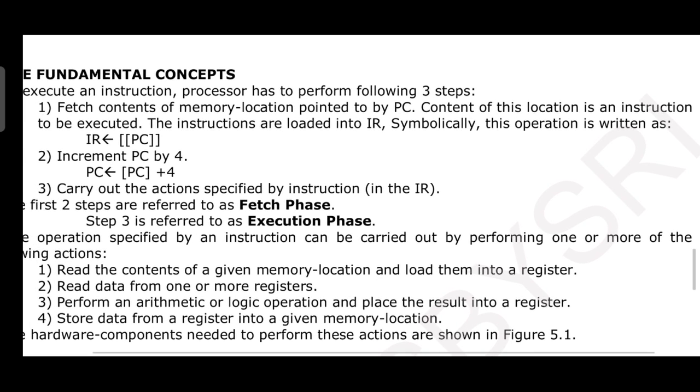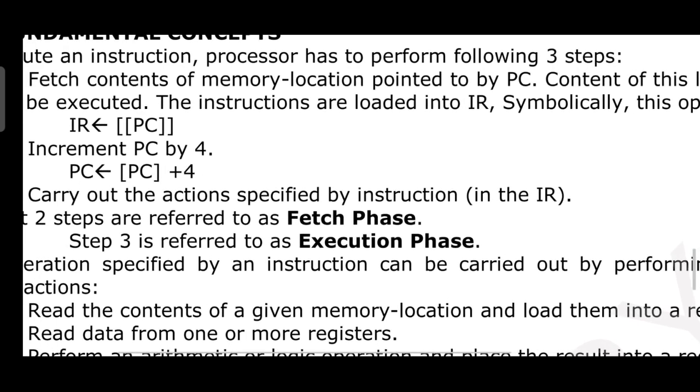Symbolically this is represented as, see, content of PC, where the square bracket is written twice. The square bracket with PC inside represents the location, and the other square bracket represents the content from the location. Please try to understand: inside the square bracket, if you write PC, it represents the location value or the address value.